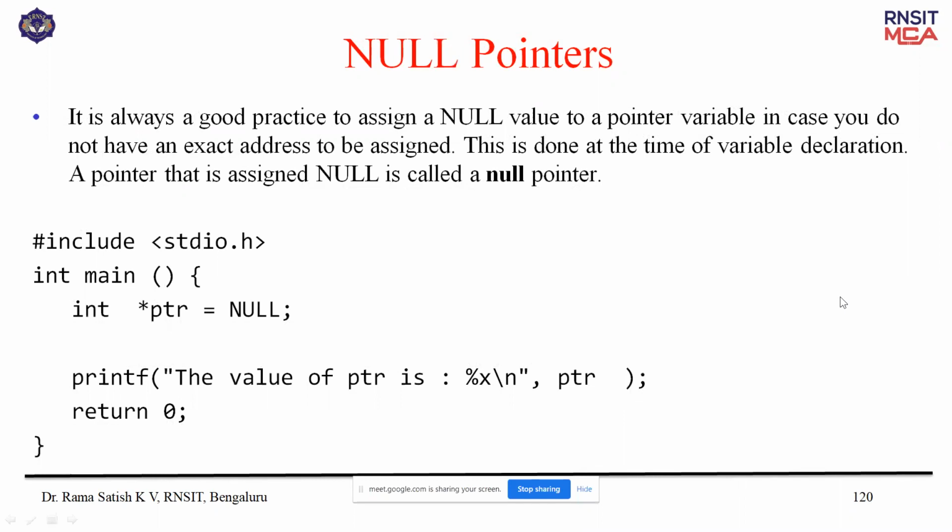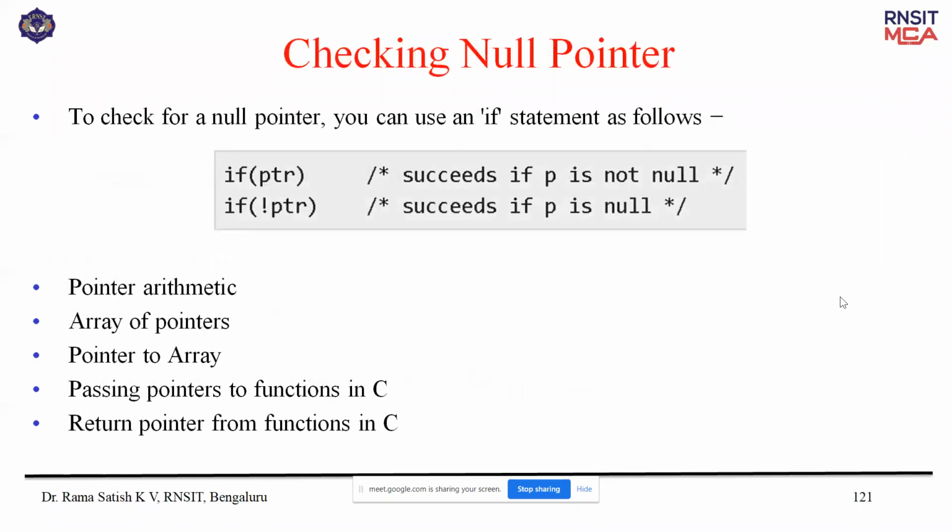Pointers can also be null pointers. A null pointer means the pointer is not pointing to anything. You can check whether a pointer is null or not. In this example, if you observe the if statement, if the pointer is assigned some value, that is, if it is not null, then this will return true.